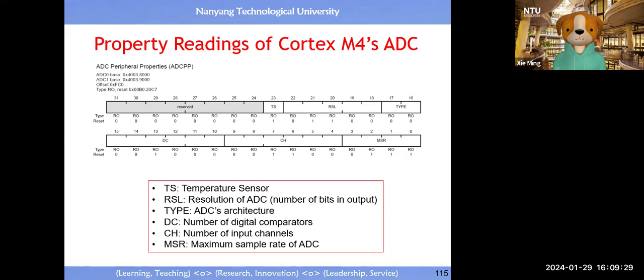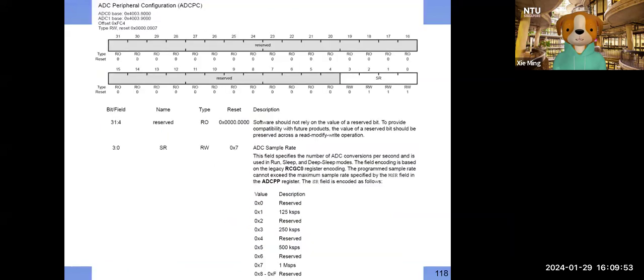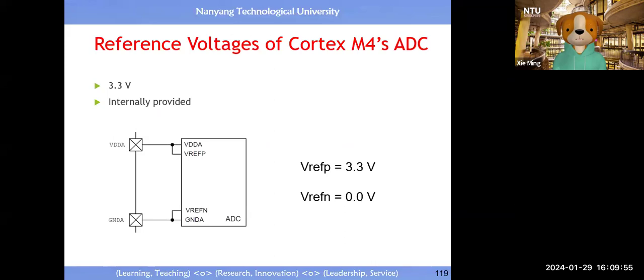And if a company sells you a second-hand microcontroller, then you need to verify the actual capability by reading this register. You know the actual number of sampling devices, number of quantization devices, etc. Okay, this is just to verify what the actual capability is.